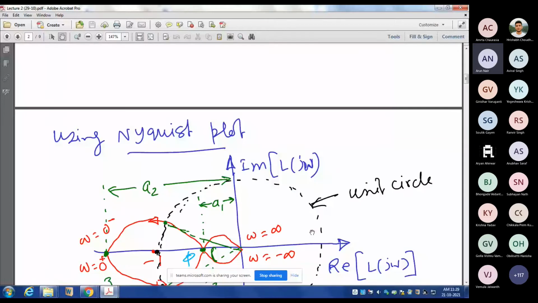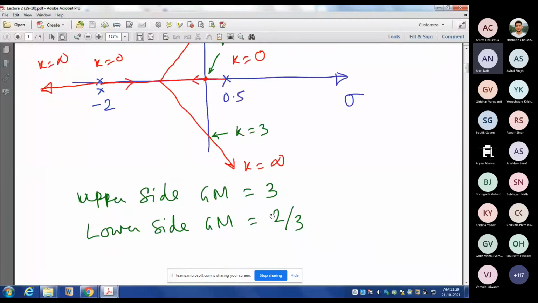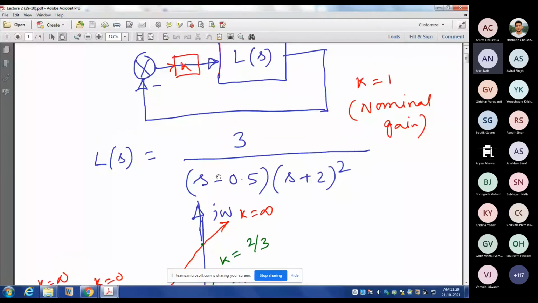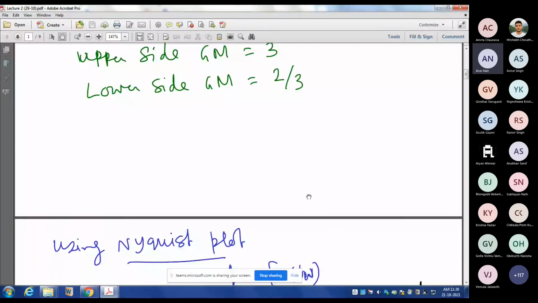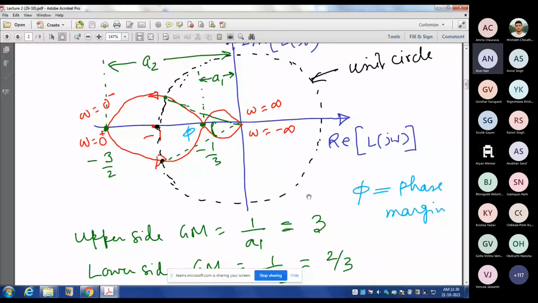As you can see, for this same example I have drawn the Nyquist plot, and you can see here this crossing will be at magnitude equal to 1 by 3, and this magnitude is equal to 3 by 2.